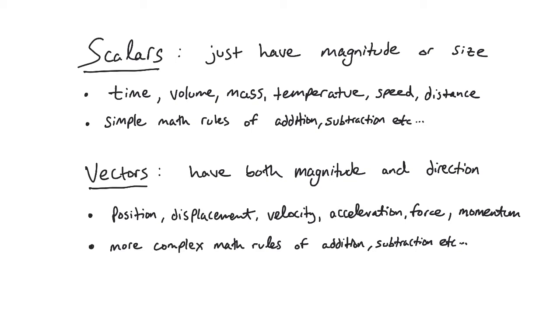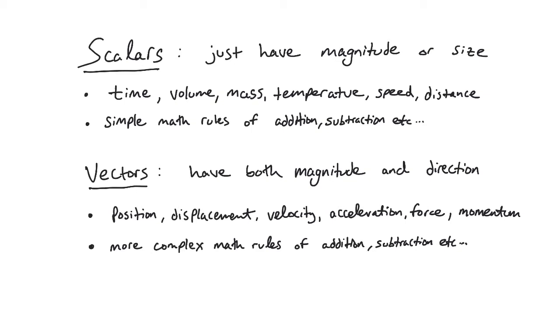However, the new mathematical object that we're building up now are called vectors, and they have both magnitude or size and direction associated with them. Some examples: in our previous video we learned about the position vector, but we also see things such as displacement, velocity, acceleration, force, momentum. Maybe you've heard some of these words before in everyday speech.